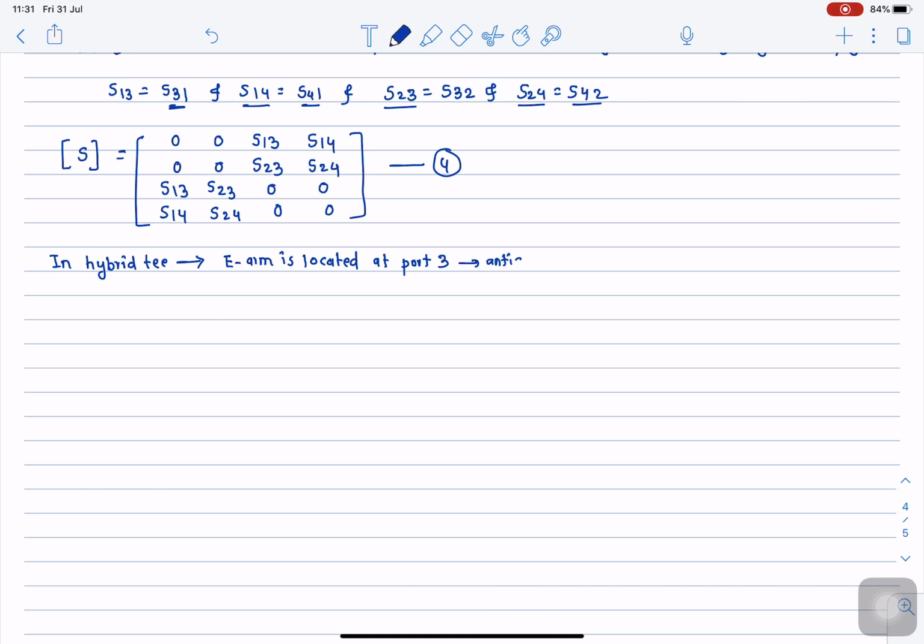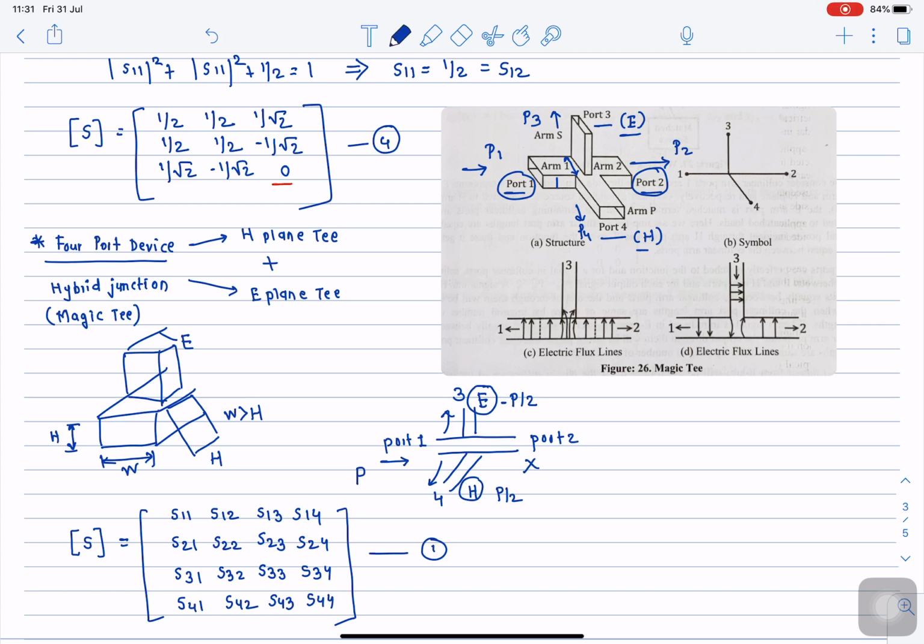It will be electrically anti-symmetric with respect to the collinear arms, that means with respect to port number 1 and port number 2.